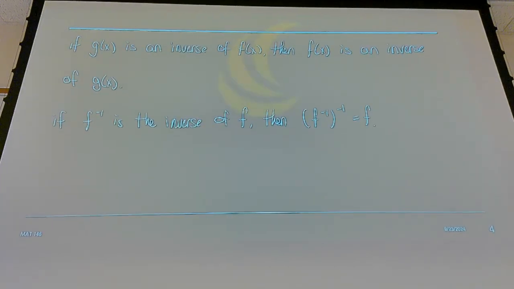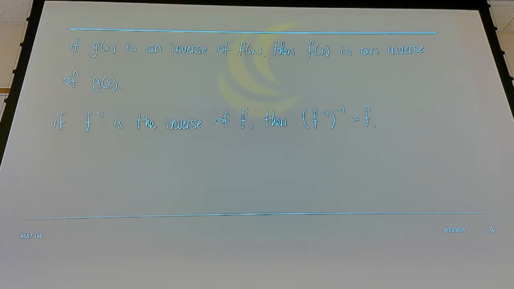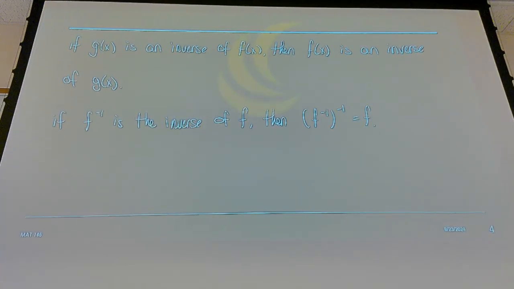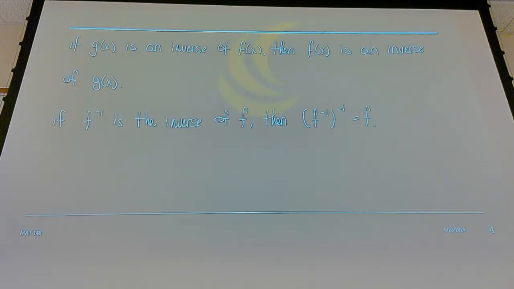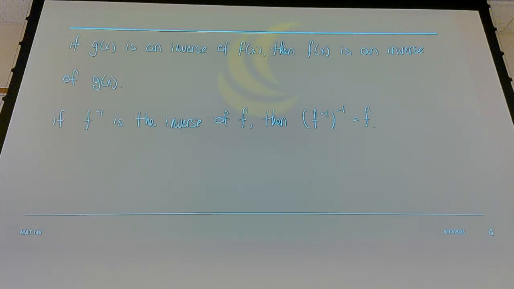And again, that is an important property in theoretical mathematics. So once you start studying stuff like linear algebra.